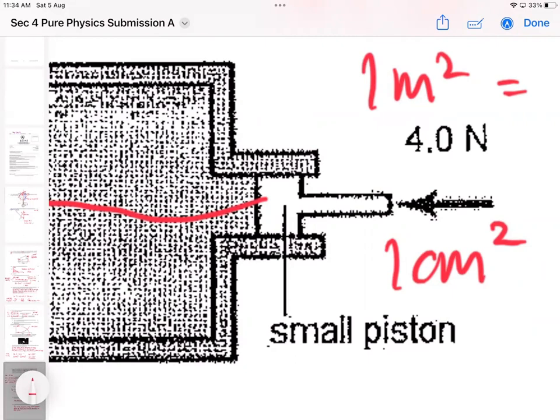Any idea? Tiffany, where do you think the energy has gone to? Because whatever energy we push in at the small piston must have gone on to do some other stuff if it's not transmitted due to the air present.